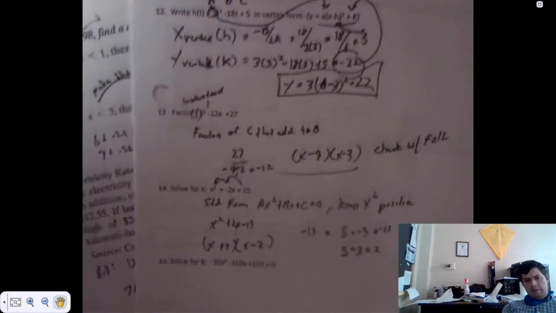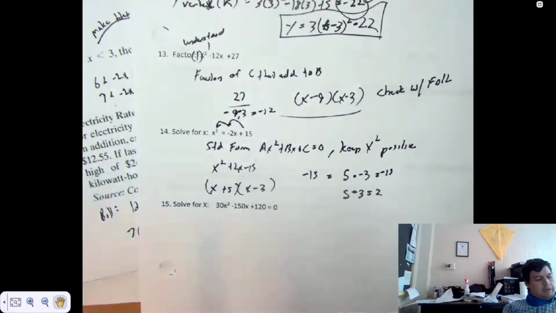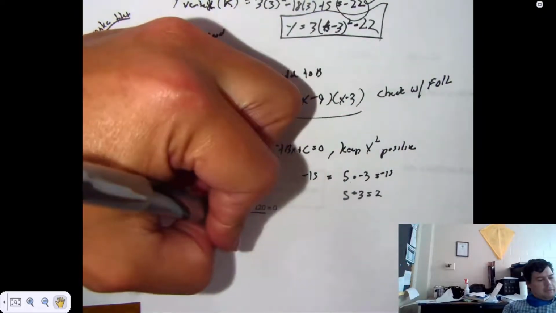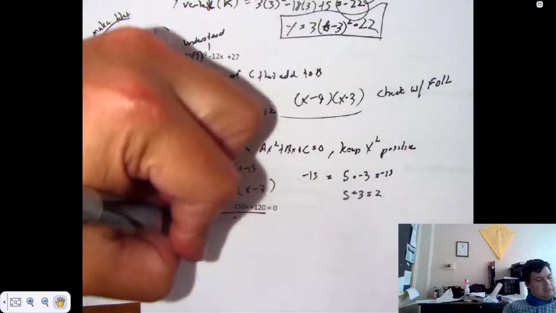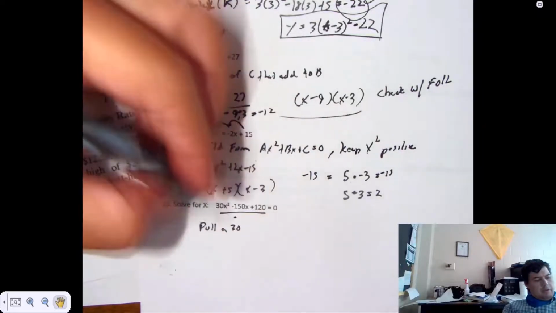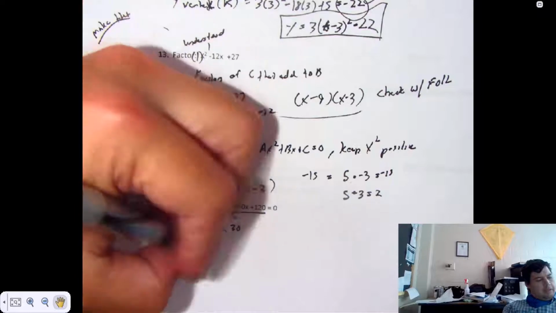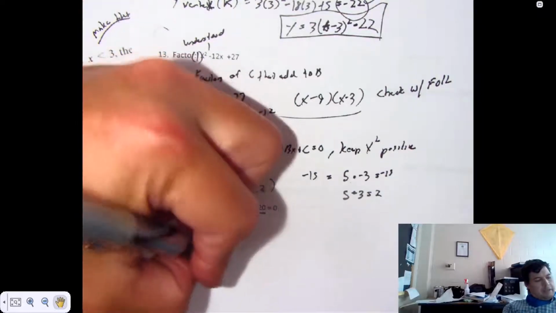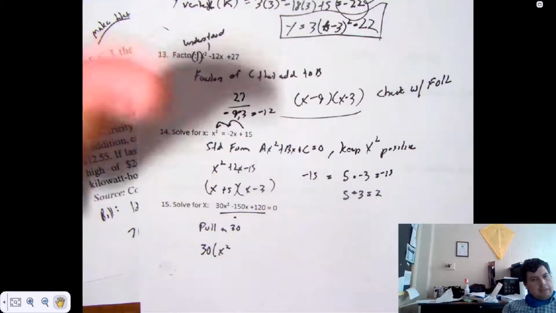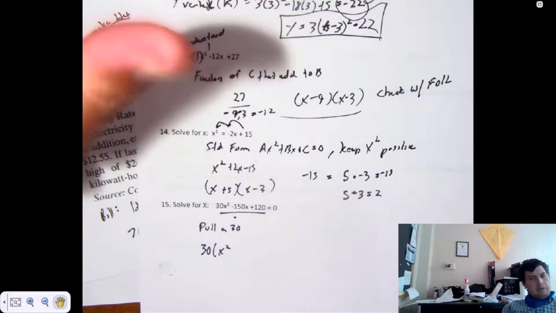15, when second period was doing this, I told him I thought it was prime, but I'm just going to walk through the process. What I'm going to do is pull a 30 because all 3 pieces are divisible by 30. And some kids like to divide this out and throw it away. It doesn't get thrown away. It just doesn't affect where you cross the x-axis.